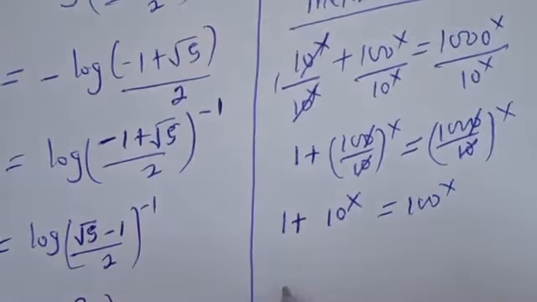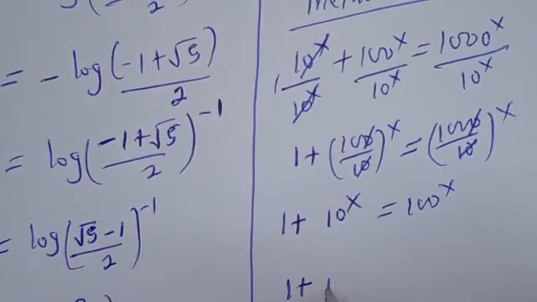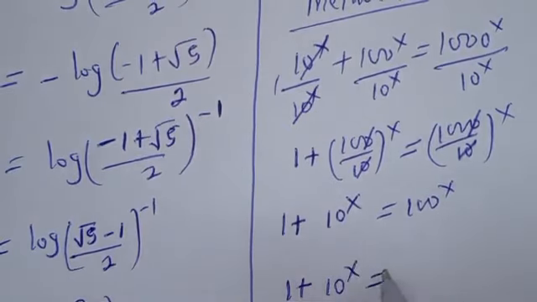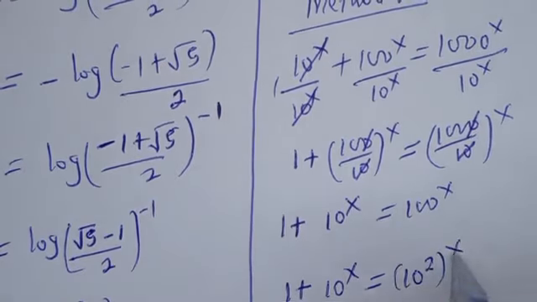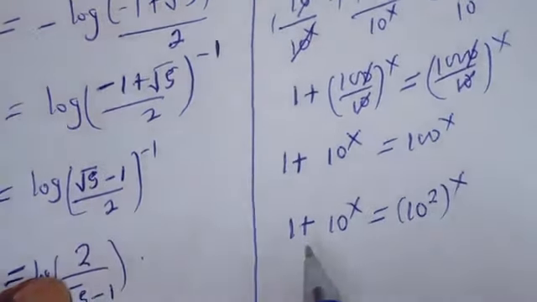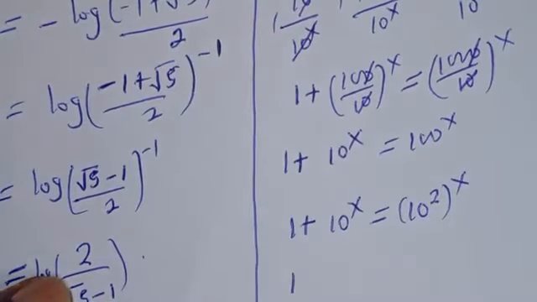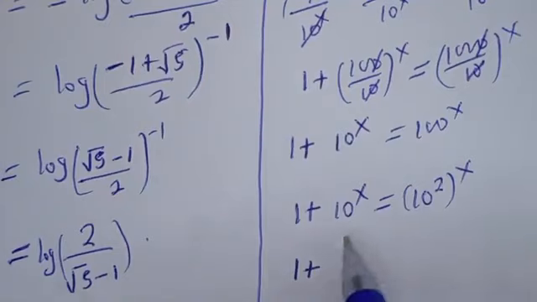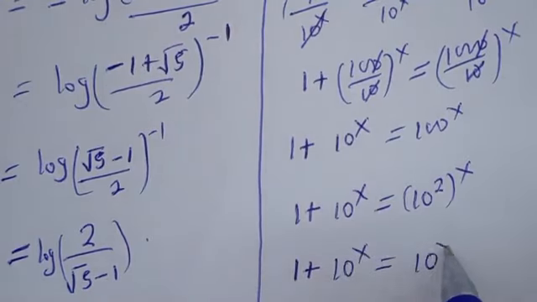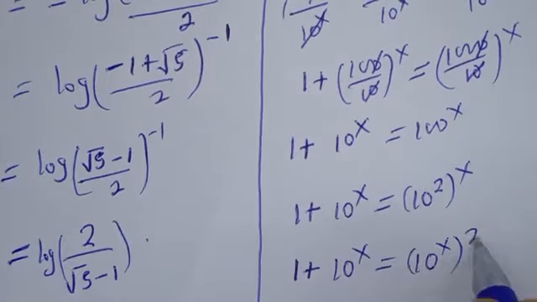Then 100 to the power of s can be written as 10 squared to the power of s. Then 1 plus 10 to the power of s is equal to 10 to the power of s all squared.